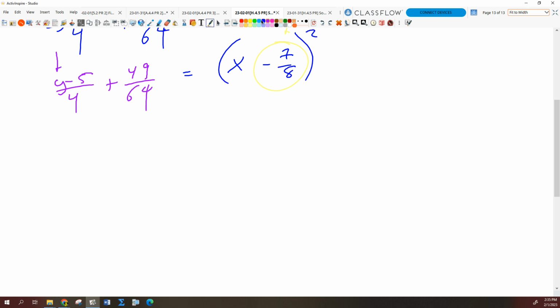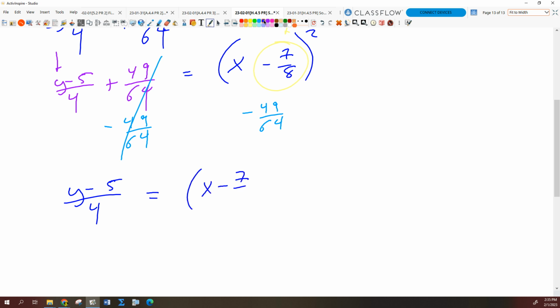We subtract. So those guys cancel, and we get y minus 5 over 4 equals the quantity x minus 7/8 squared minus 49/64.